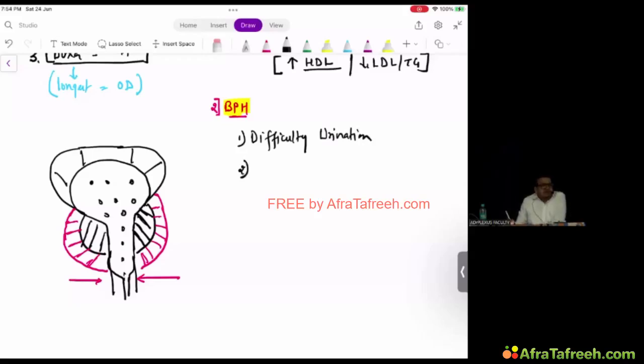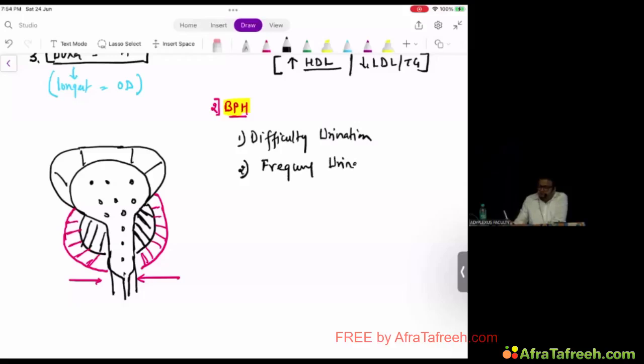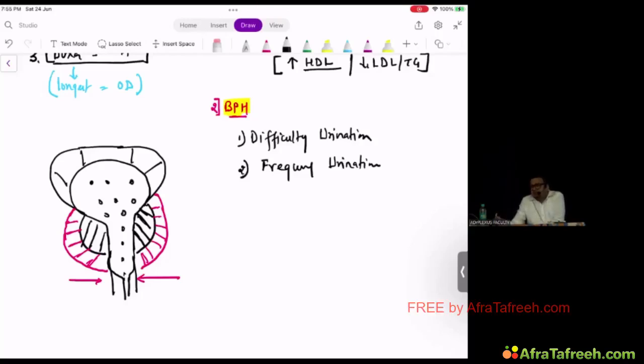So difficulty urination, which leads to increased frequency of urination. He has to go again and again for urination. Happening in elderly males, this is the case of BPH. There are two main symptoms, difficulty and frequency. The patient is unable to pass urine, and because the bladder is filled, he has to again and again go for urination, frequency of urination. You want to treat.